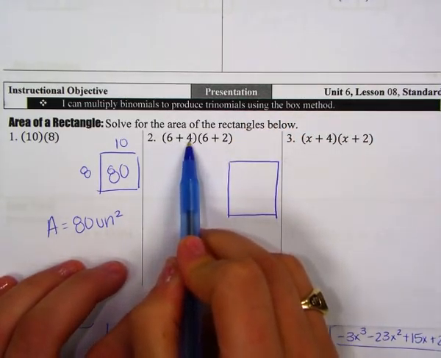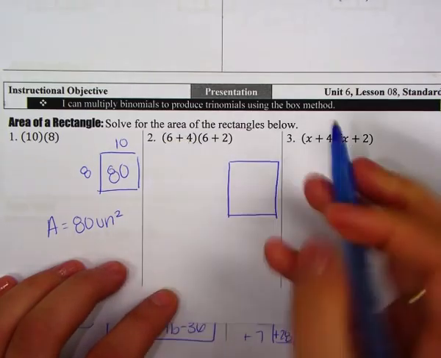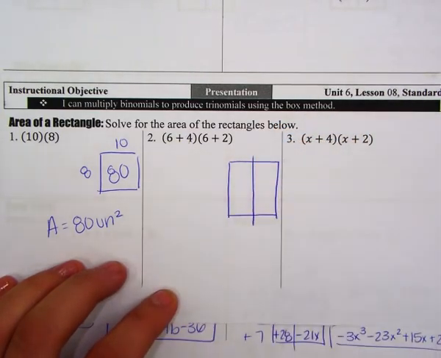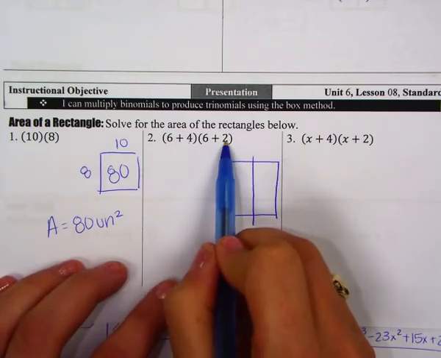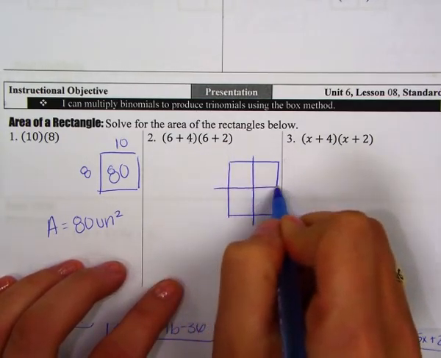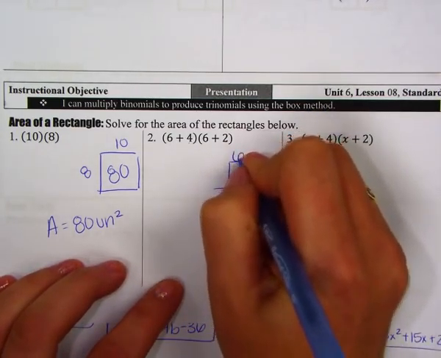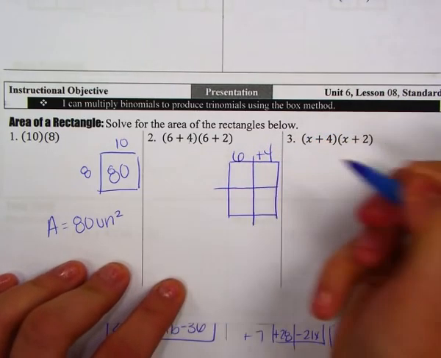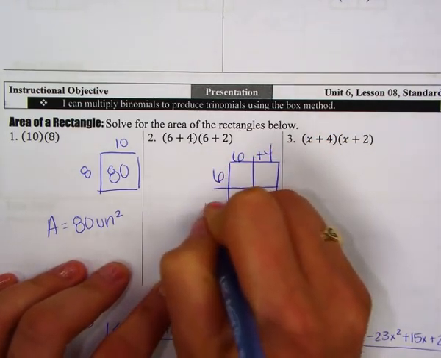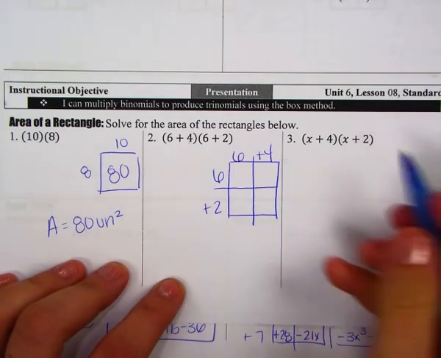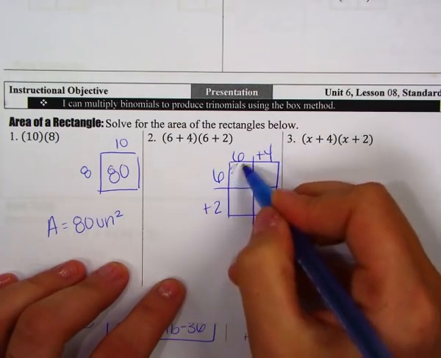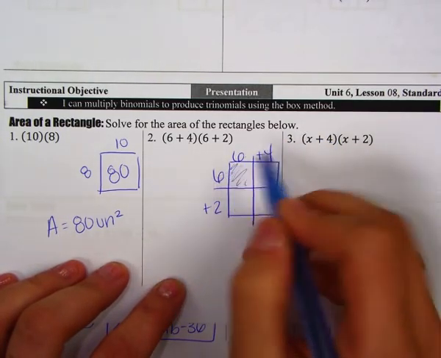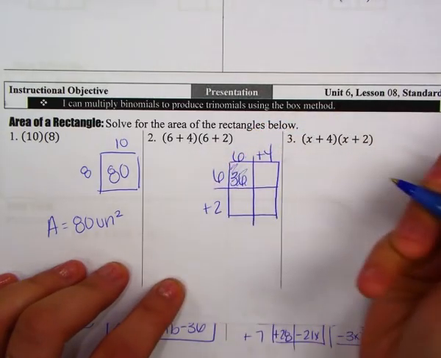6 plus 4 is a binomial, so there'll be 2 columns. 6 plus 2 is a binomial, so there'll be 2 rows. So 6 plus 4, then 6 plus 2. The area of just this rectangle, 6 times 6, is 36.